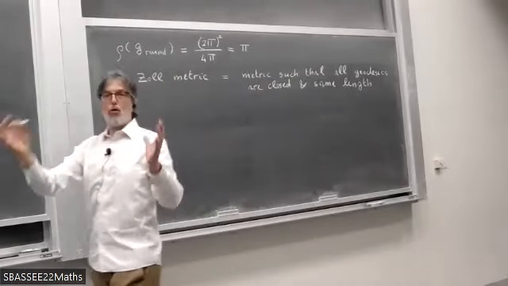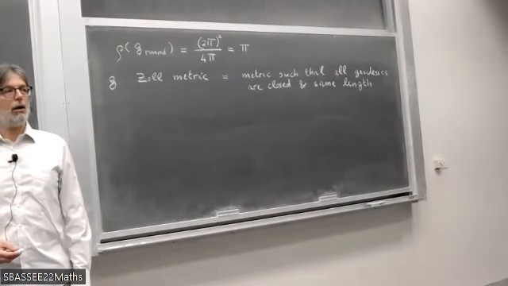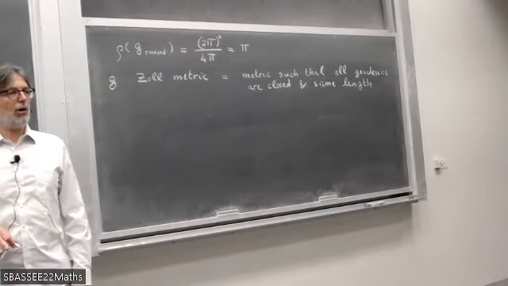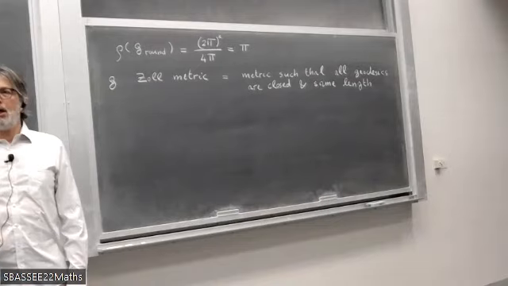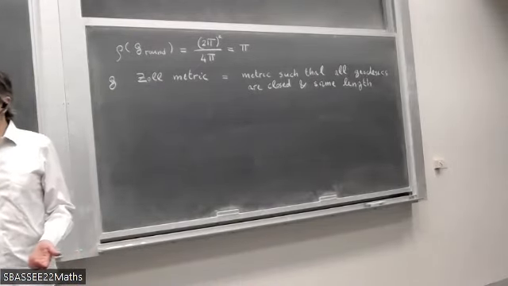The standard round metric on the sphere has this property, but it's a bit surprising. At least when I first heard of this phenomenon, I was surprised. There is a huge space of metrics which have this property.